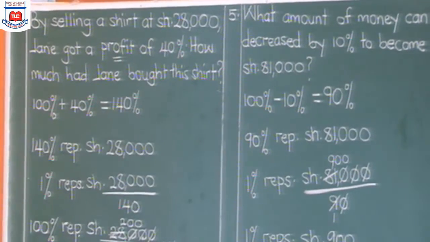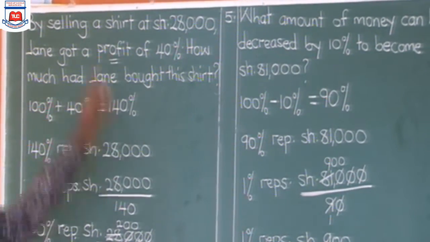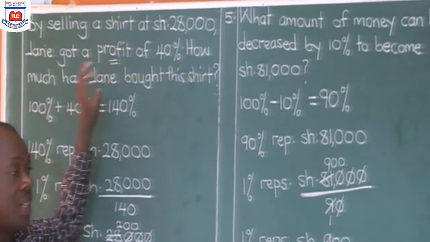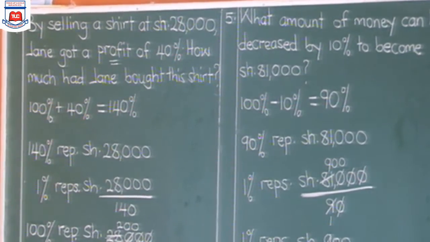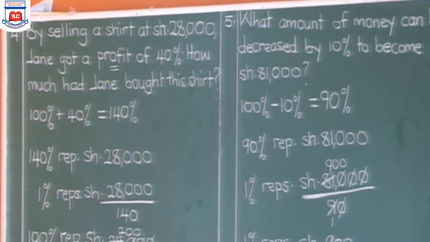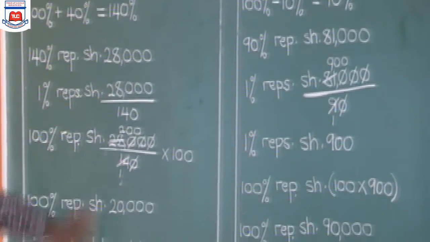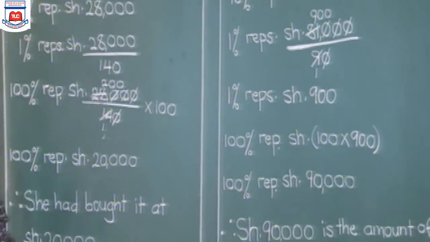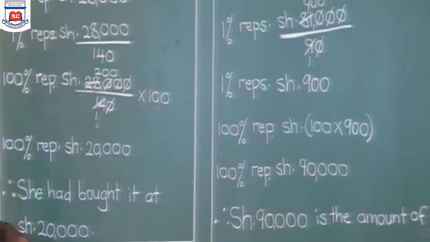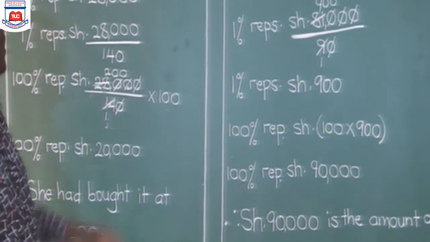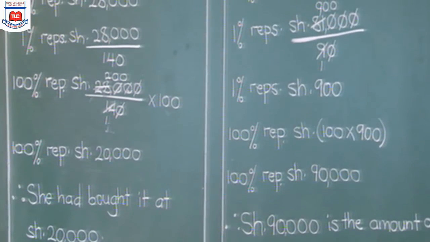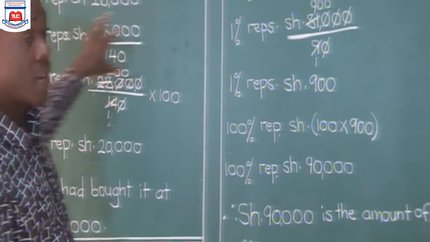So you buy at a less amount and you sell at a higher amount to get what is called a profit. So it is actually correct in the sense that somebody must buy at a lesser amount to sell at a high amount to get a profit. And any businessman aims at profit making. That's how example number 4 is worked out.